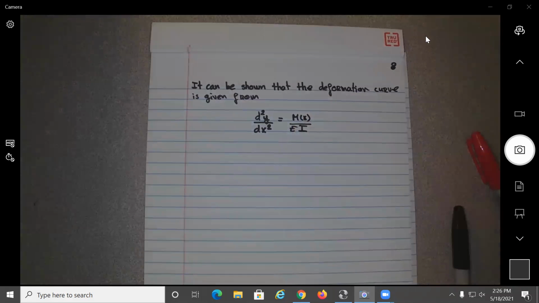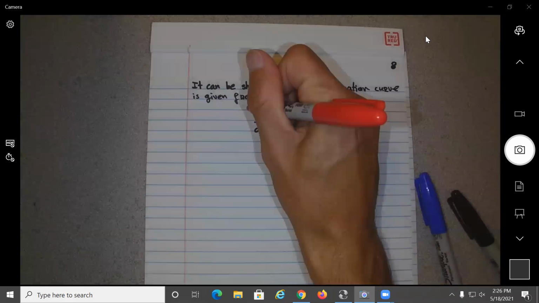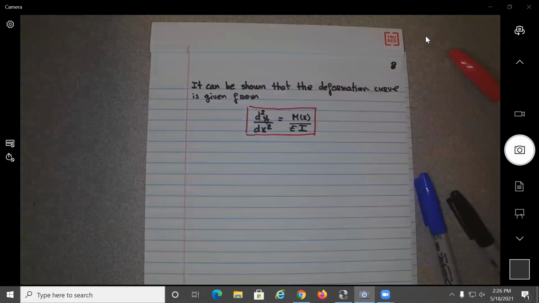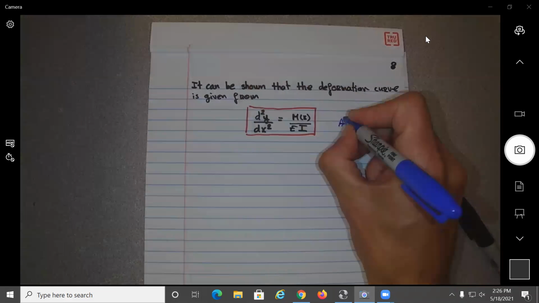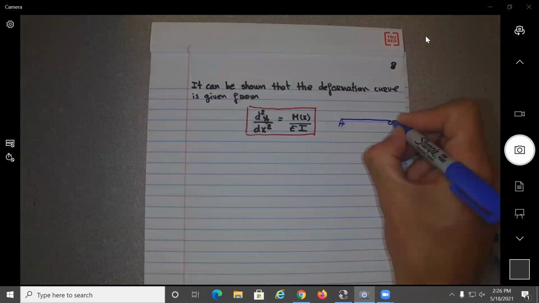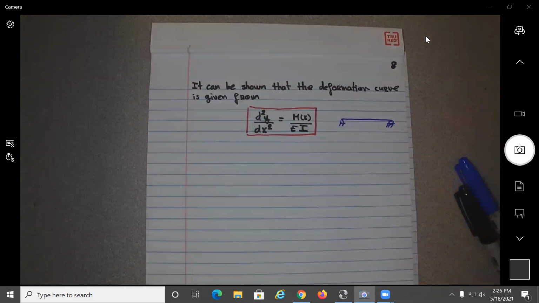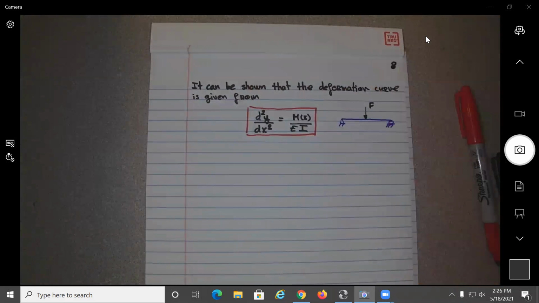Let's say you have a beam, and let's do a simple case here of a simply supported beam. Okay, and there's a load, a force right in the middle. What would be the deflection curve of this?